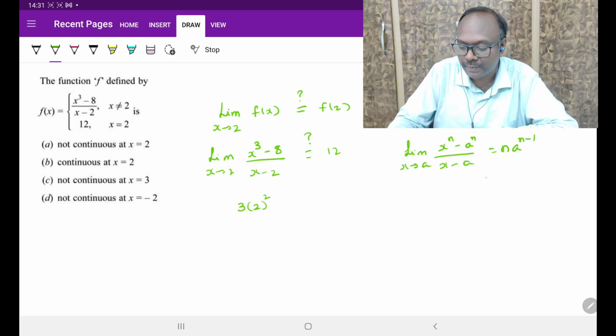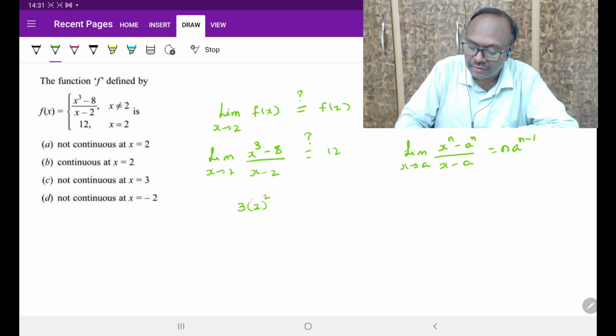In the previous video, I explained how to solve the problems using this identity. So 3 into 2 square equal to 12. So is it true? Yes, you got 3 into 4 is 12. So the limiting value of the function equals the value of the function.